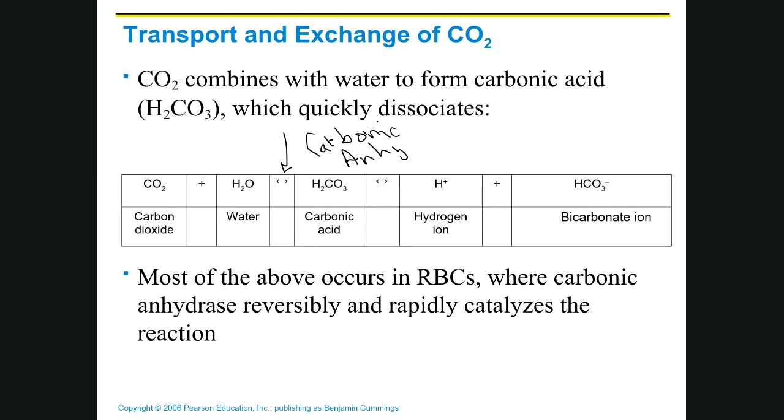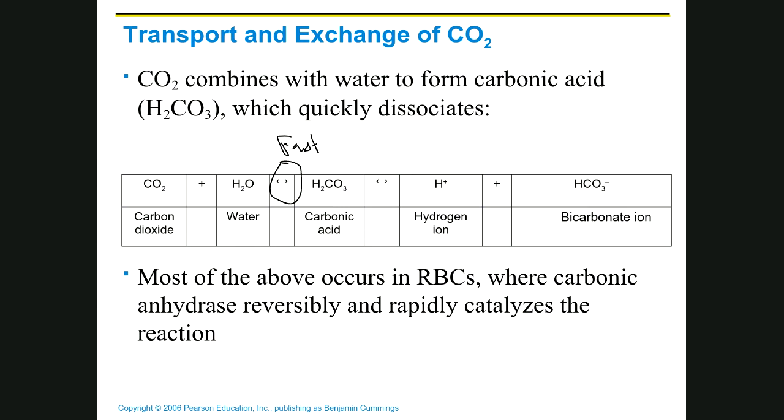But where we do have it is inside red blood cells. Red blood cells have a lot of carbonic anhydrase in them. And so carbonic anhydrase will catalyze this reaction. So this is going to happen much, much, much faster.